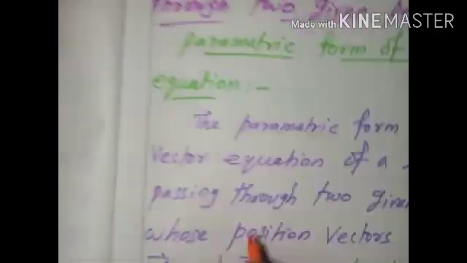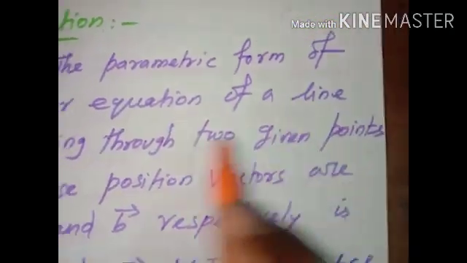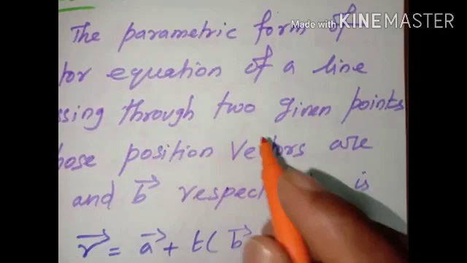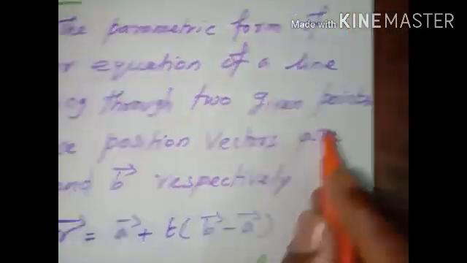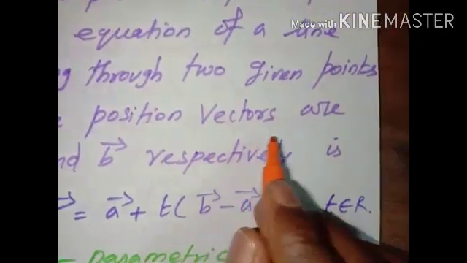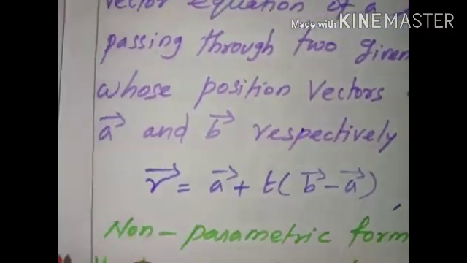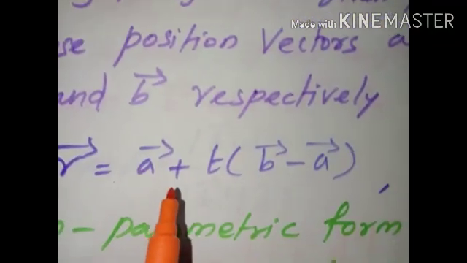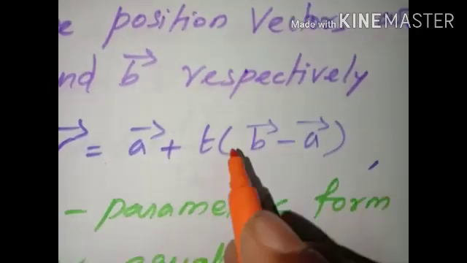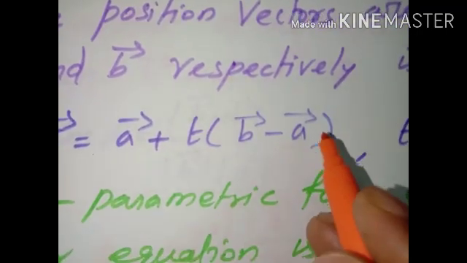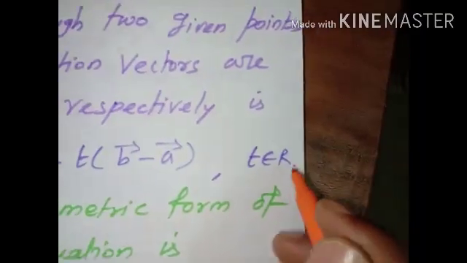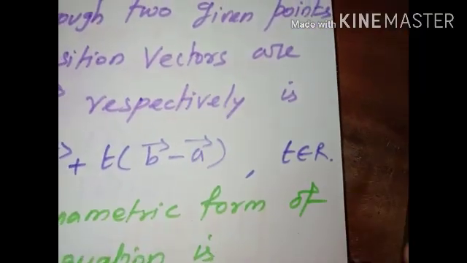The parametric form of the vector equation of a line passing through two given points whose position vectors are a vector and b vector respectively is r vector equal to a vector plus t into (b vector minus a vector), where t belongs to R, t is a real number.